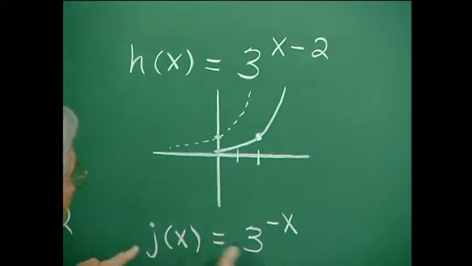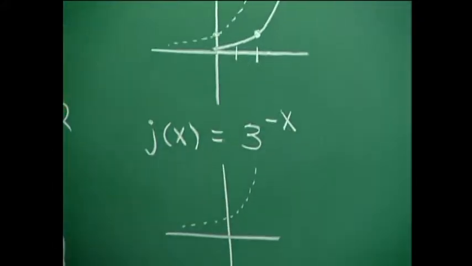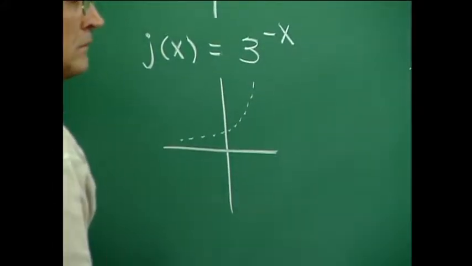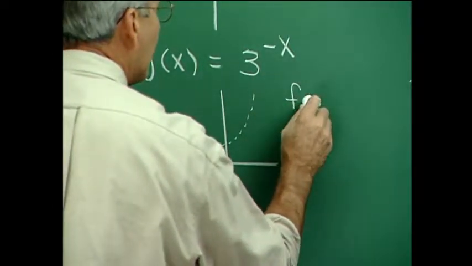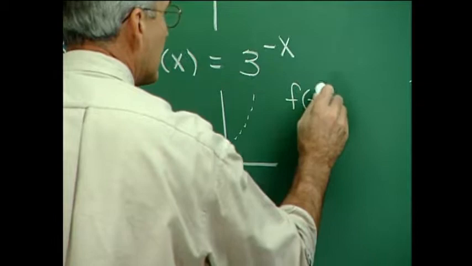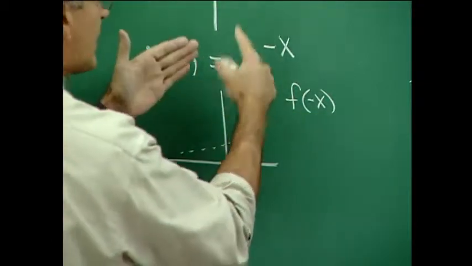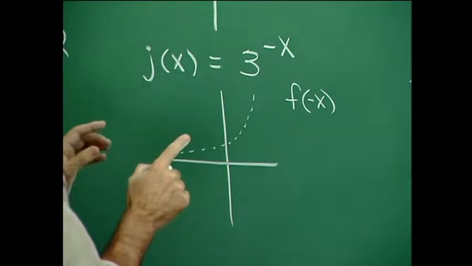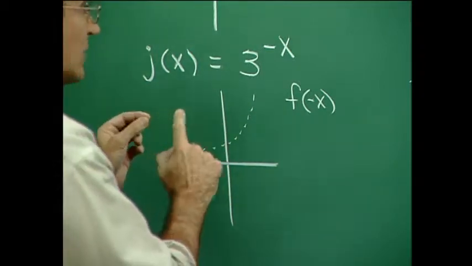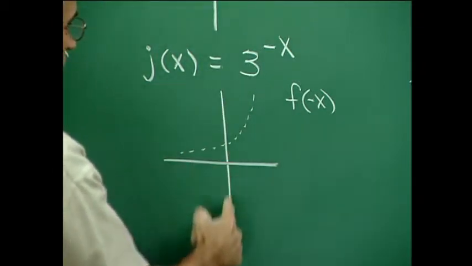Okay. Now, what about 3 to the negative x? In function notation, this is nothing but f of negative x. You see, f of x was 3 to the x. This is f of negative x. This is that idea that we get that reflection in the y-axis.